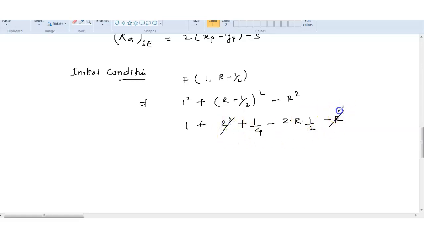The r square cancels, so this becomes 5 by 4 minus r. To avoid decimals, we can write 1.25, and it becomes 1 minus r.